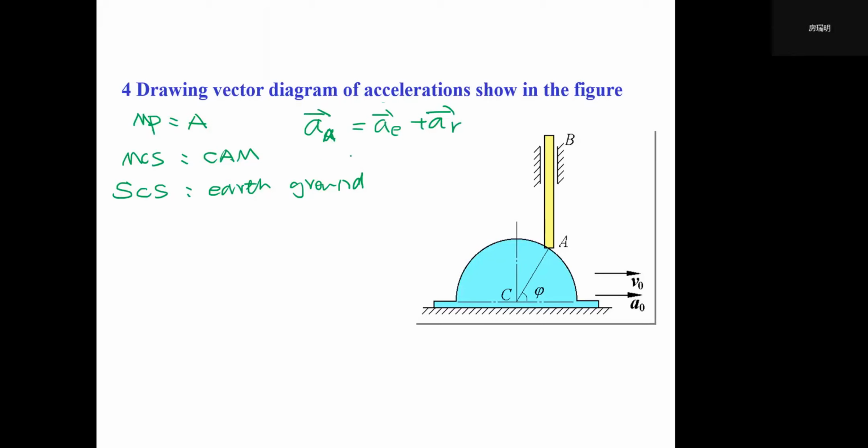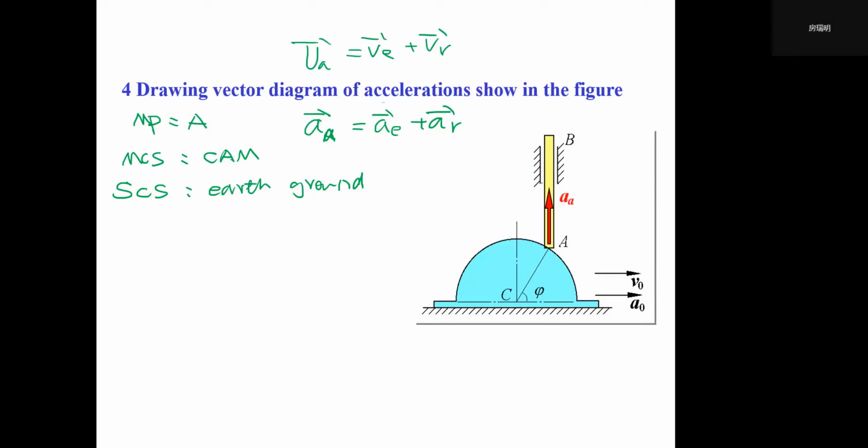The process of analysis is almost the same as what we finished before, when we did VA equal VE plus VR. So I'd like to do this together with you.